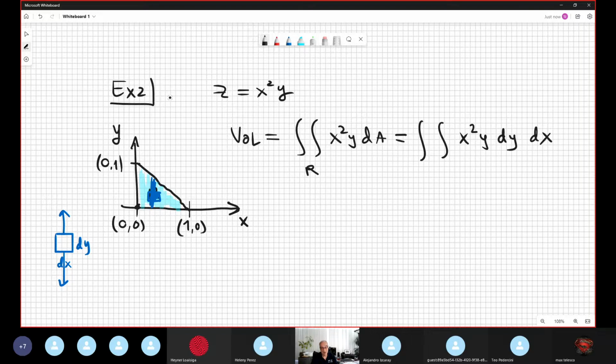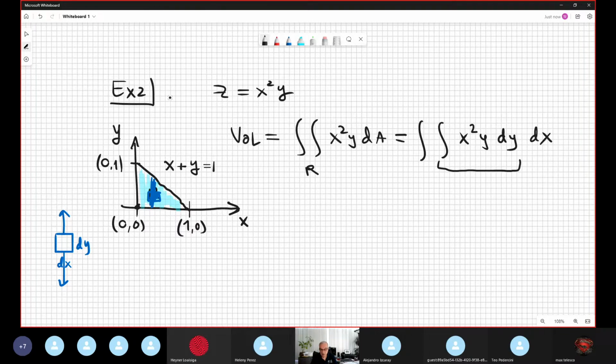Of course, we can do it another way. Then let me try. The equation of this line is obvious: x plus y equals 1. It's the equation for this line. Then you make a decision to compute first this integral dy.